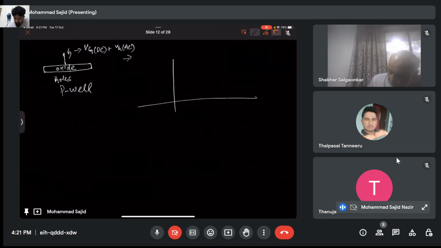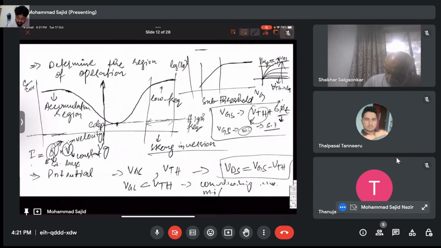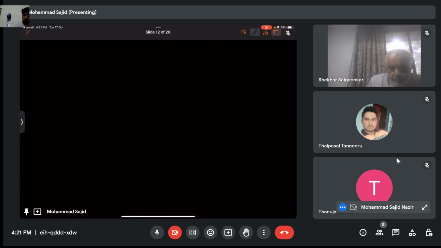Let's say my device is in accumulation. Now you know accumulation is when you apply a deep negative voltage, right? This is your Vg. So Vg is negative.